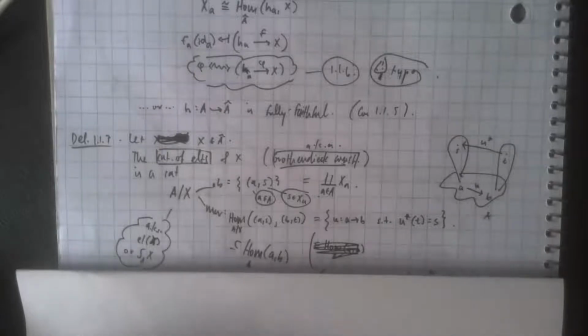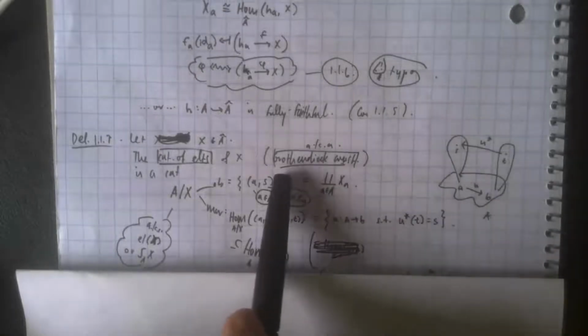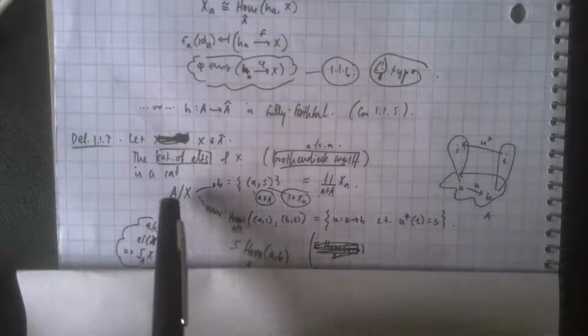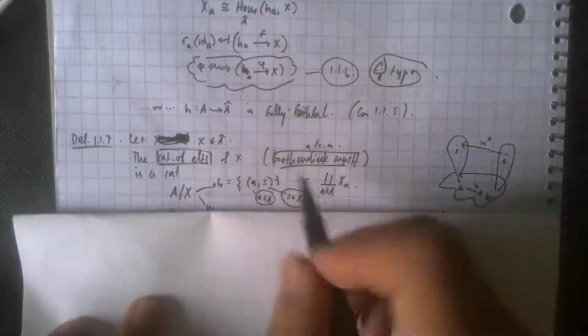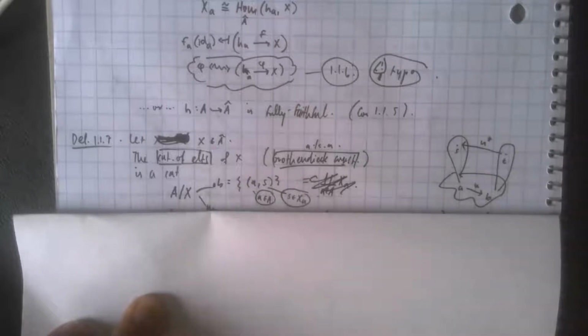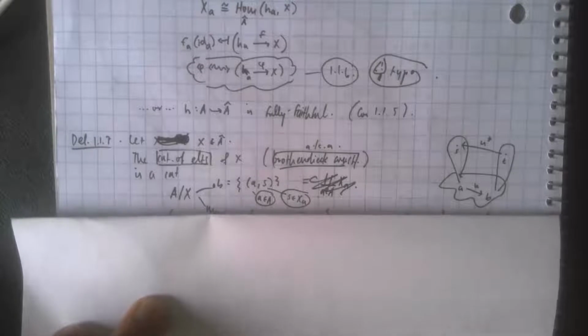And the category of elements, or some people call it Grothendieck deconstruction, is a category A/X whose objects are pairs (A, S), where A is an object in A and S is a section in X_A, the fiber.